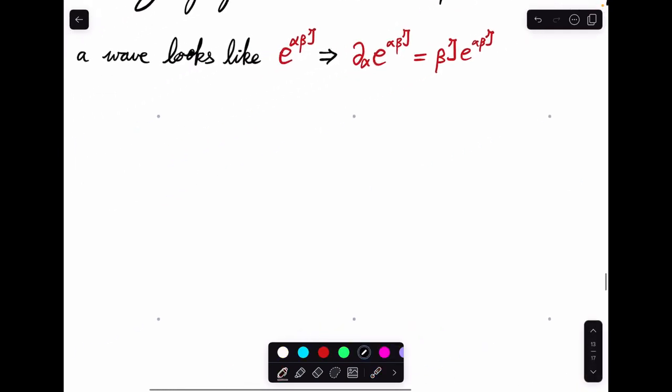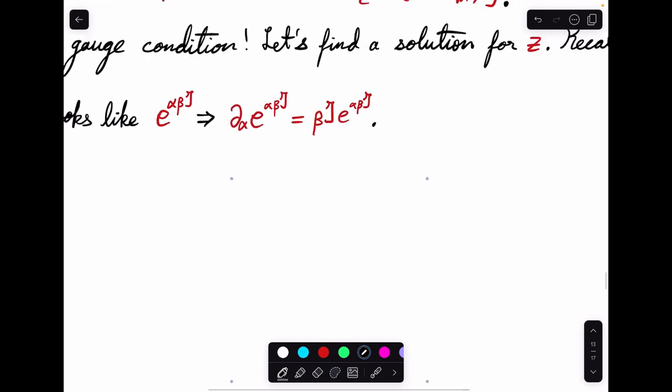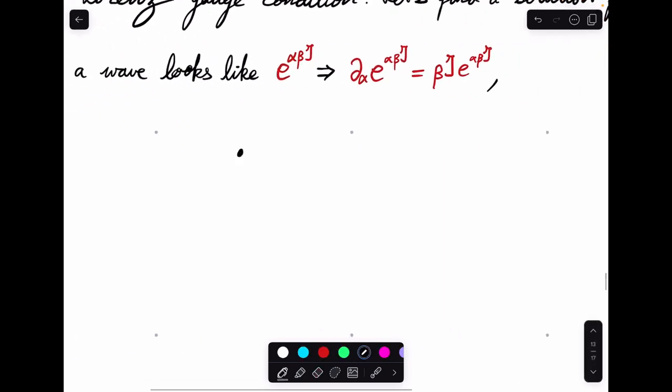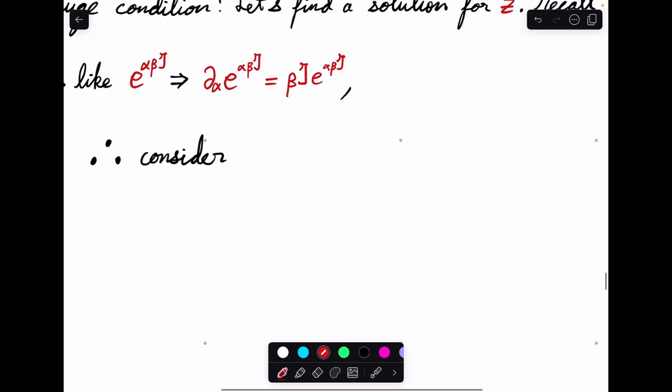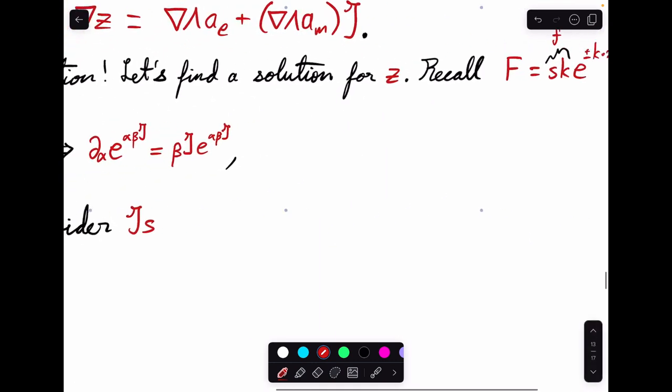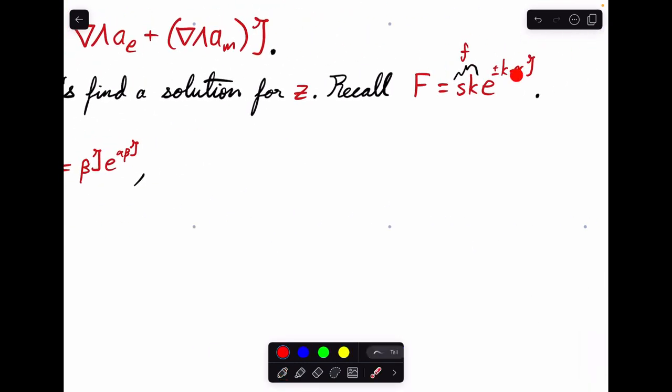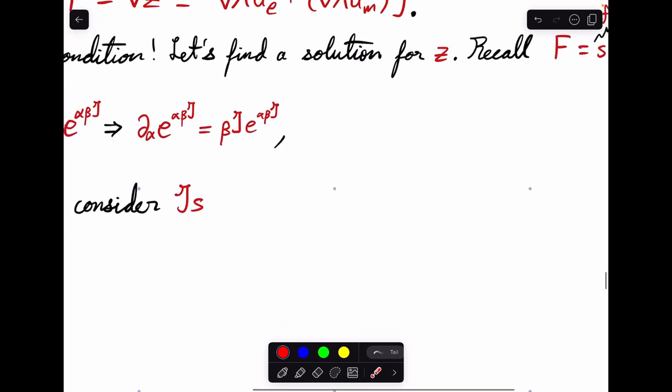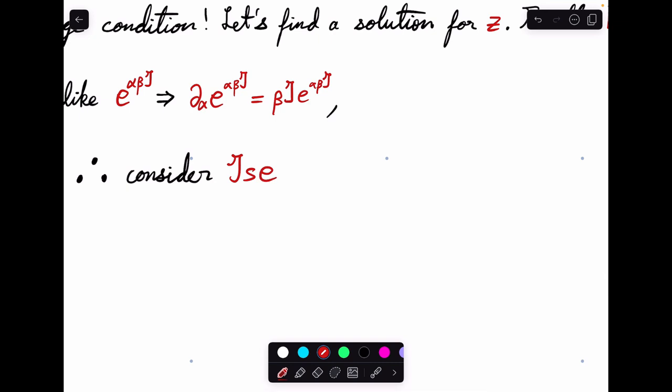That is, therefore, consider I and S, because S is out front, but we don't want K. So if we took the gradient of this, X will disappear and we'll just have a factor of K, and K will come down. So we just consider this.